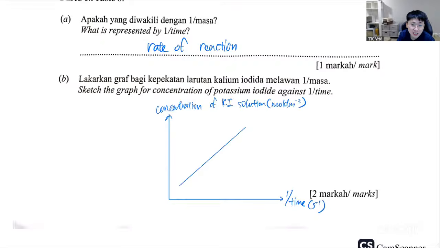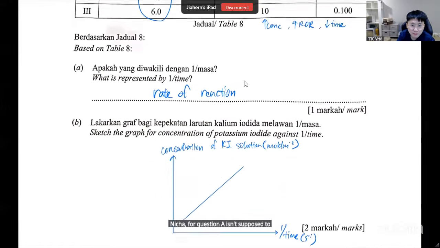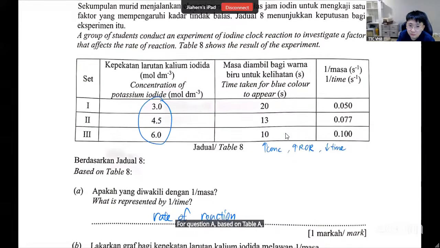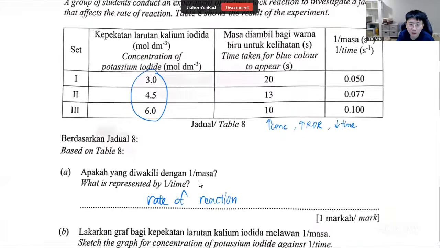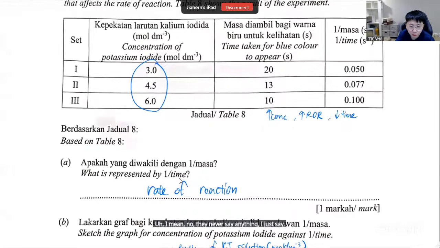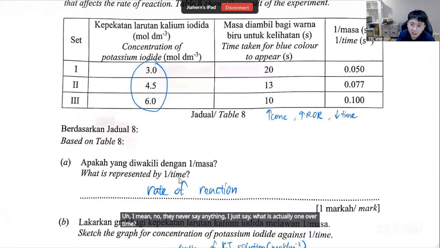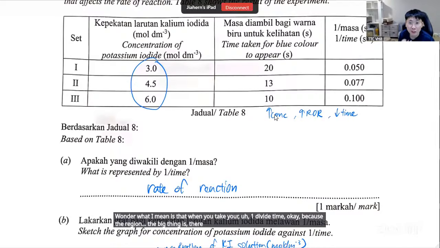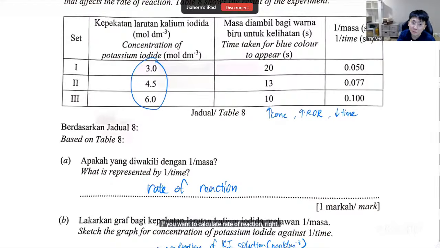Teacher, for question A, isn't it supposed to be based on table 8? No, they never say that. They say what is actually 1 over time. 1 over time means you take 1 divided by time, because there is no measurement here. If you want to calculate rate of reaction, you can do volume over time or mass over time.